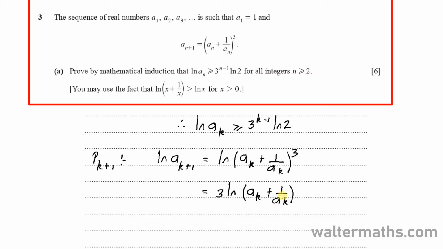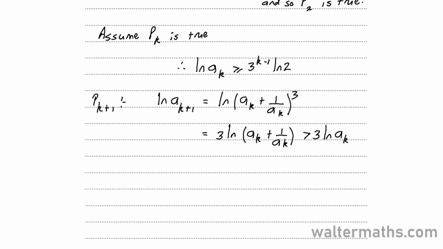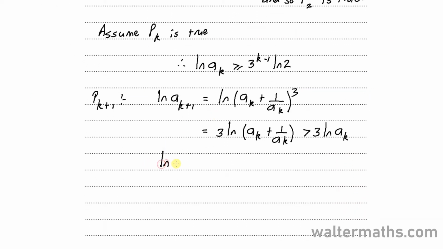Now since we've been given that we can use the fact that ln of x plus 1 over x is greater than ln x, we can say that this should be greater than 3 ln of a sub k. So in actual fact, we are saying that ln of a sub k plus 1 has come out to be greater than 3 ln of a sub k.